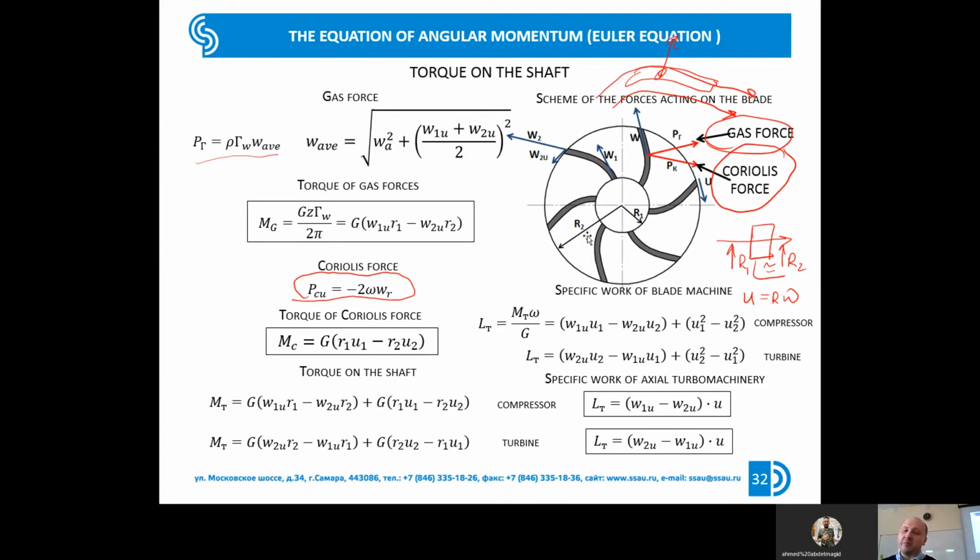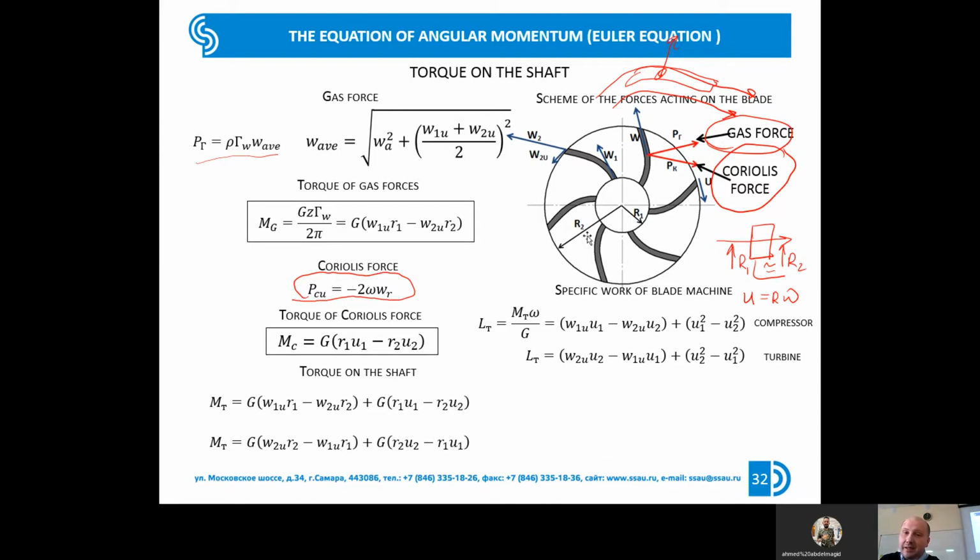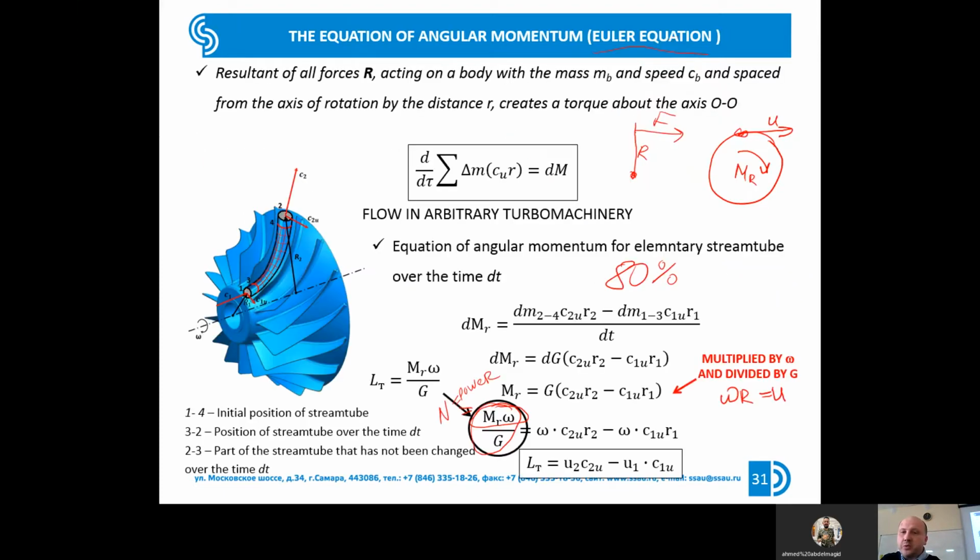One from the position of the force at this slide, and at the previous slide we received the second equation from the position of the equation of angular momentum. Of course, we receive the same specific work.